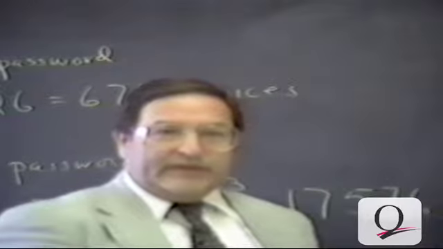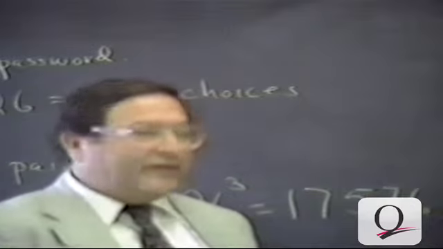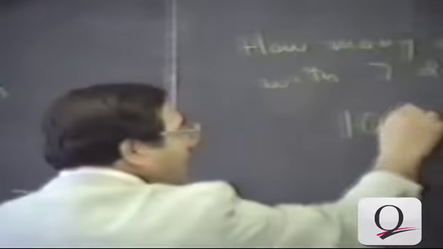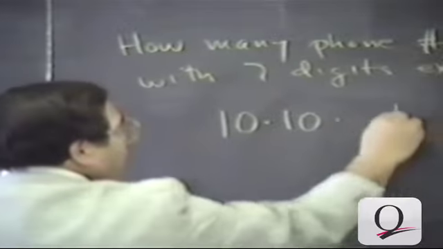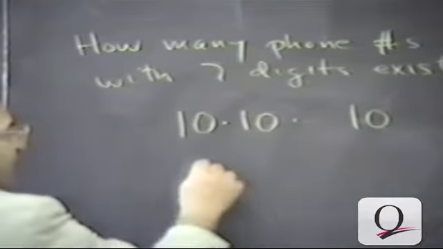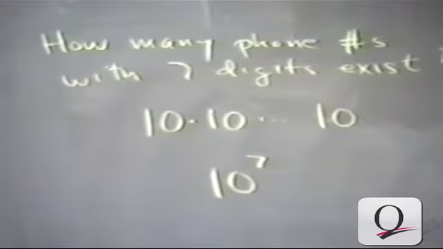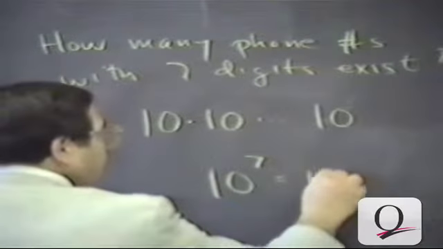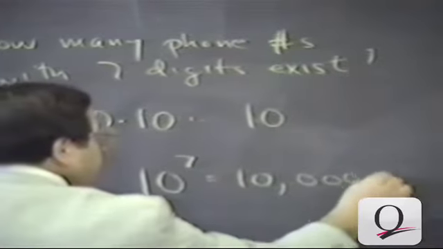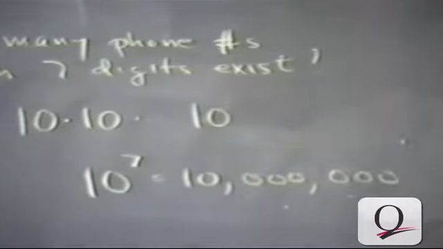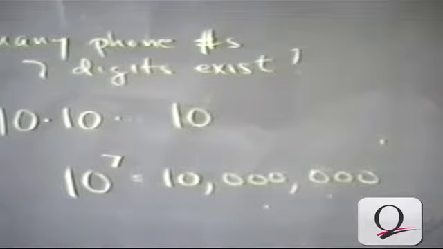So 0 to 9 is 10 digits. 10 choices for your first number, 10 for the second, etc., up to 10 for the last one, 10 to the 7th different telephone numbers. That's 10 million phone numbers with 7 digits.